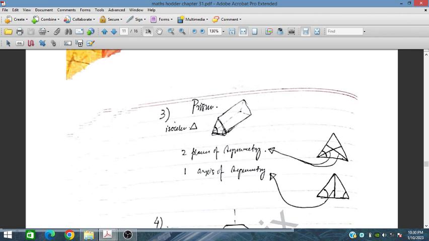So these angles are equal. So if we bisect this angle or this angle, we have these 2 planes of symmetry. And this line, if we place this line, is called an axis of symmetry. One axis of symmetry and 2 planes of symmetry exist here.